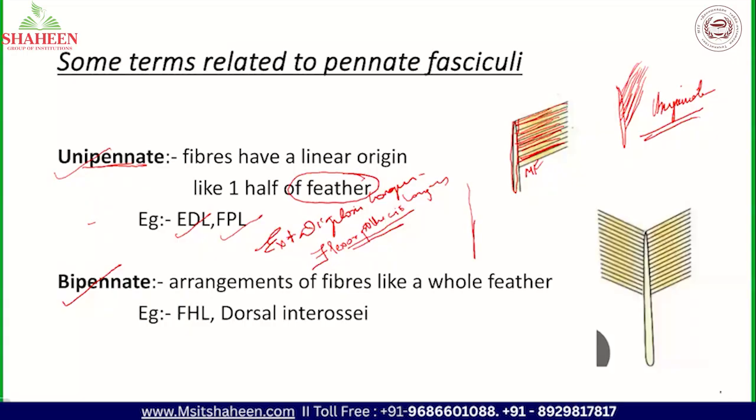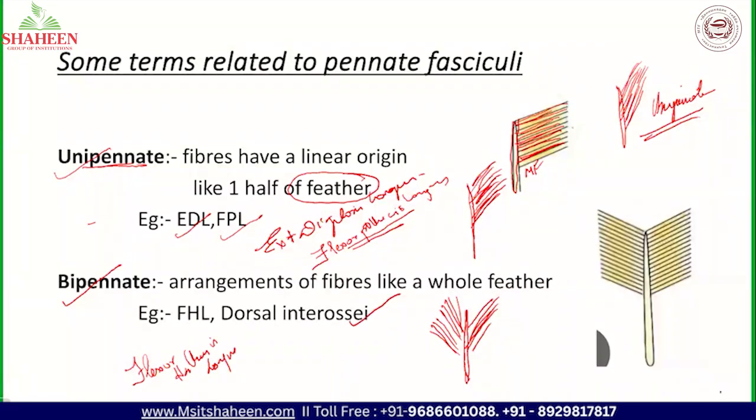There will be a stem and the muscle fibers will be linearly arranged, just like half of your feather. Next is bipinnate. Here the arrangement of fibers is like a whole feather. The stem is there and the fibers will be arranged on either side like this. Example is flexor hallucis longus and dorsal interossei.